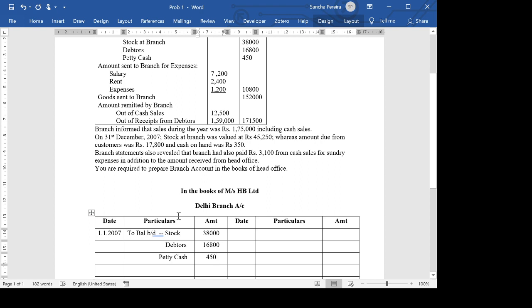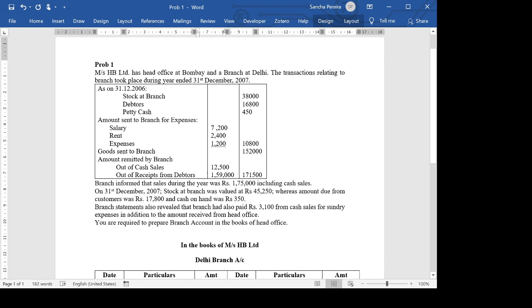Next one. Amount sent to branch for expenses. Now, just to follow a format, I would prefer to write the goods first and then the amount sent to branch. So I will put this goods sent to branch. No date is mentioned here. For all these other transactions, there is no date mentioned. So I'm going to put everything as 31st December 2007, though most likely this happens in the middle of the year. Since there's no date mentioned, I'm not going to assume a date.